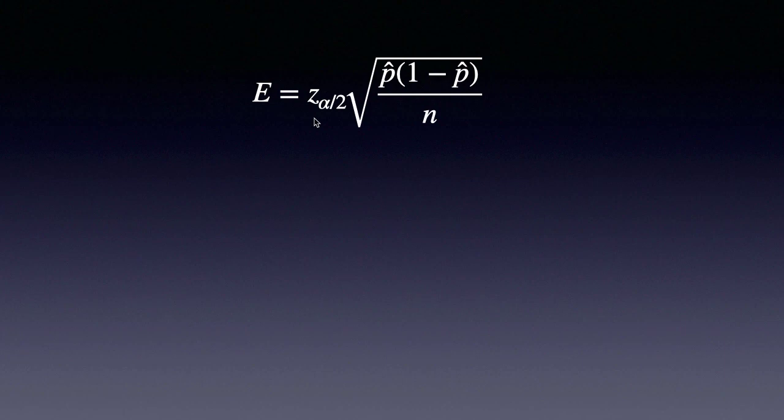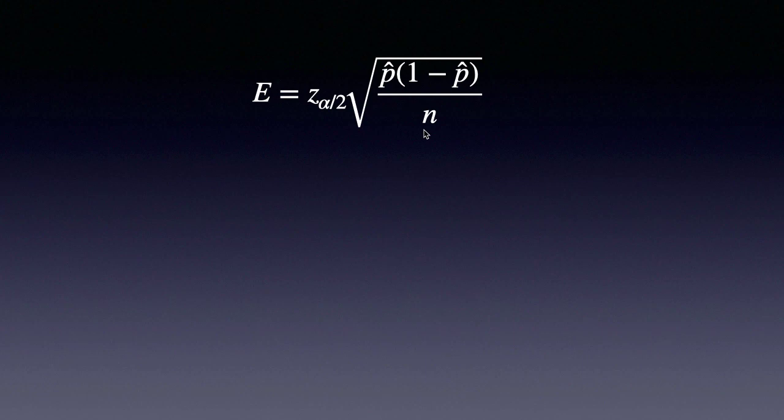So p hat is already fixed. The only thing that we have wiggle room with is this n. So now this just becomes an algebra question, and it comes down to solving for n.